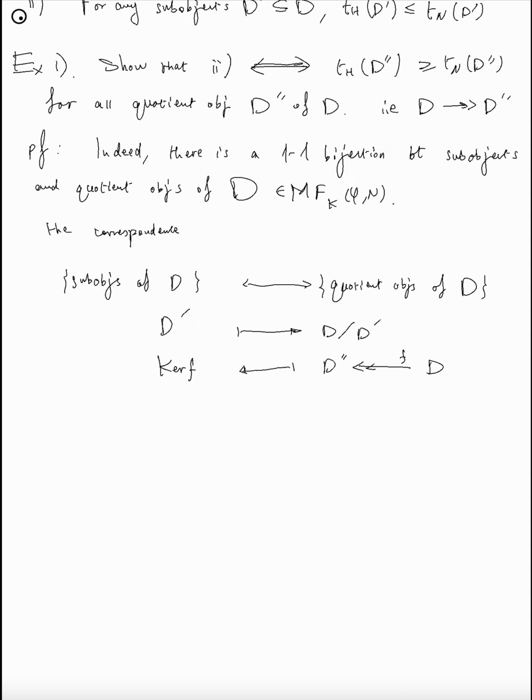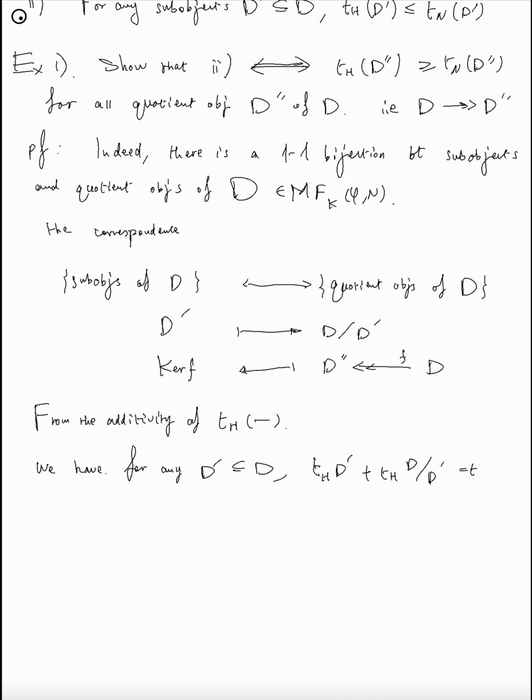So the key point is that from the additivity we have proved in last exercise of this Hodge number, we have for any D prime subobject of D, tH of D prime plus tH of D quotient D prime equals tH of D. But this tH of D equals the tN of D by assumptions.